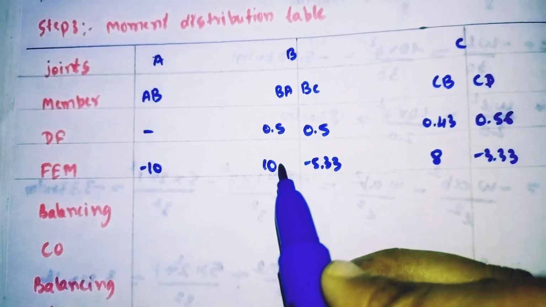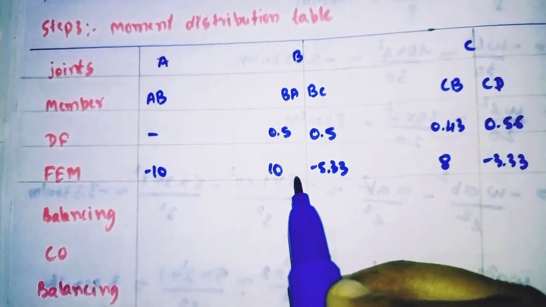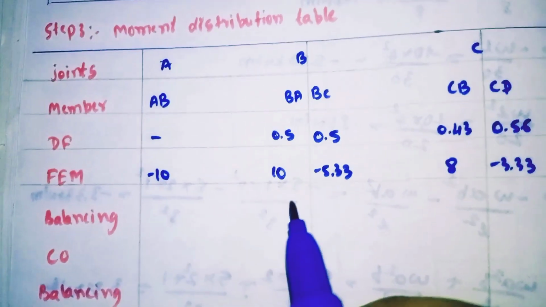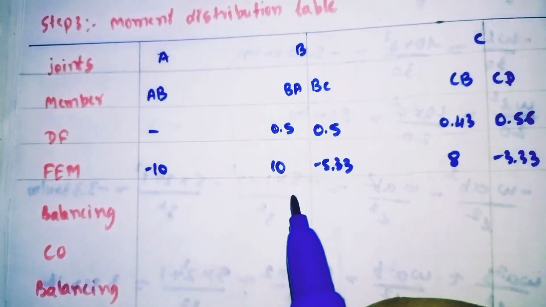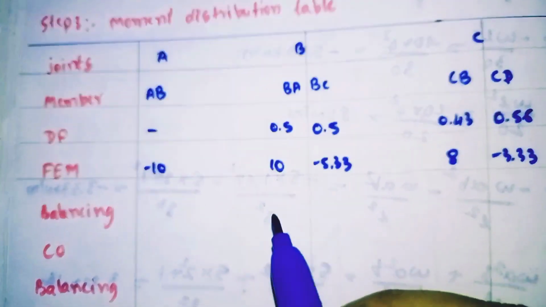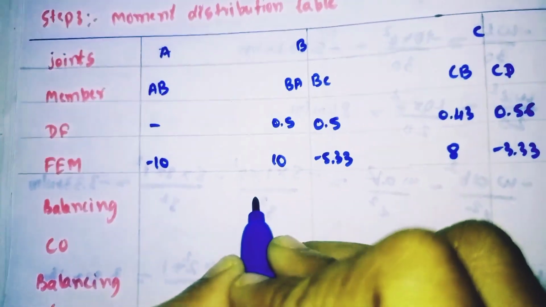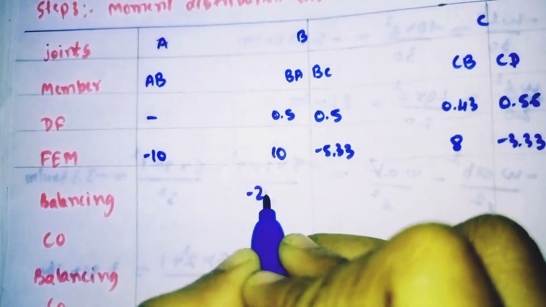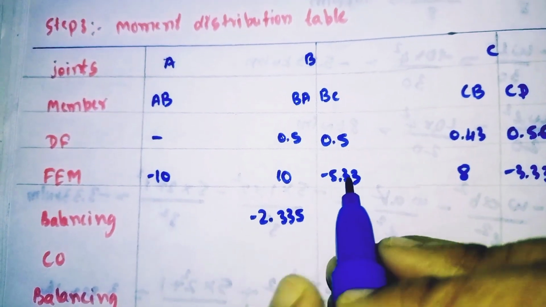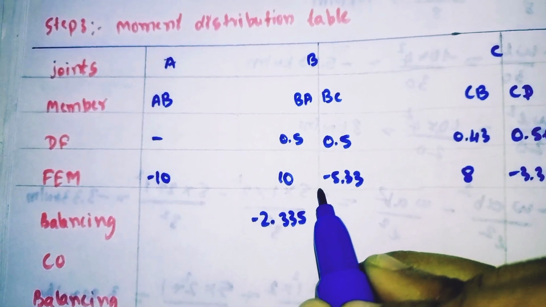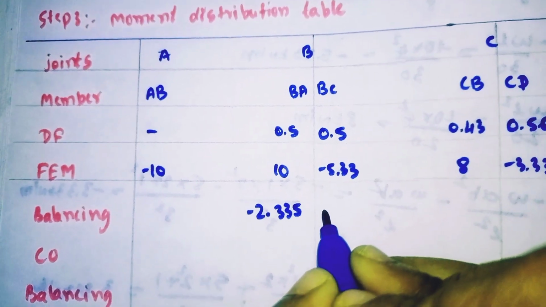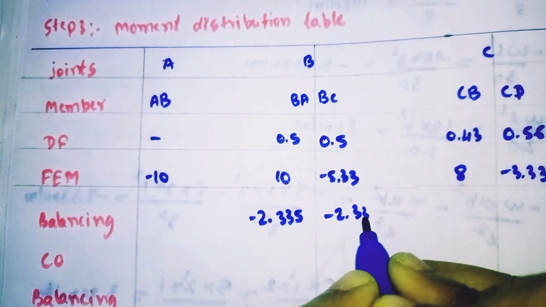Make it minus 4.67, then multiply minus 4.67 by the distribution factor 0.5. It comes out as minus 2.335. Again multiplying minus 4.67 by 0.5 comes out as minus 2.335.